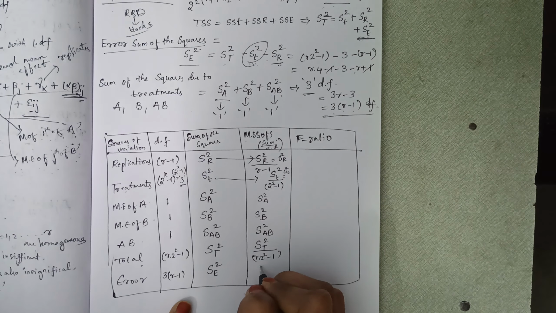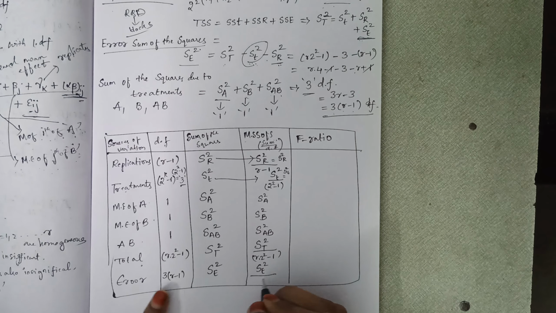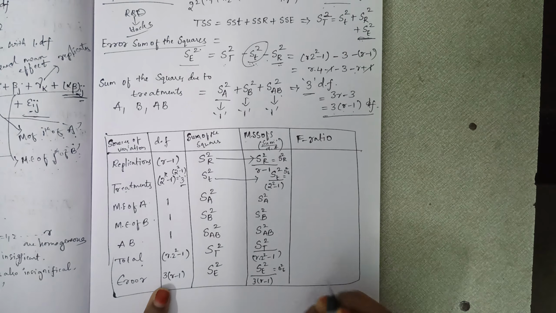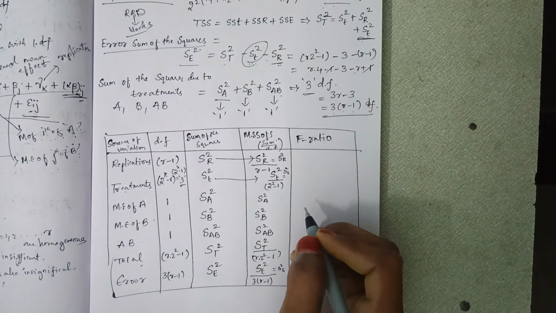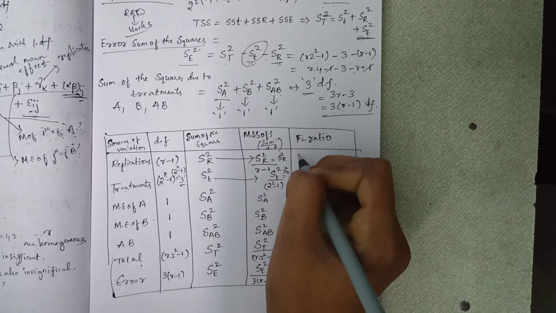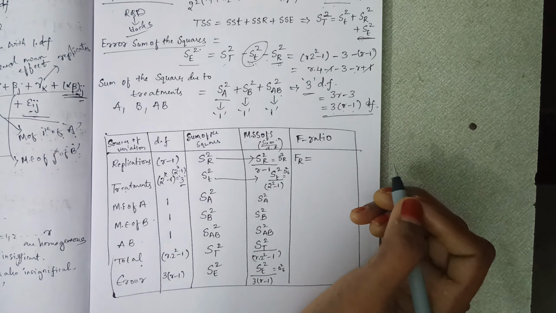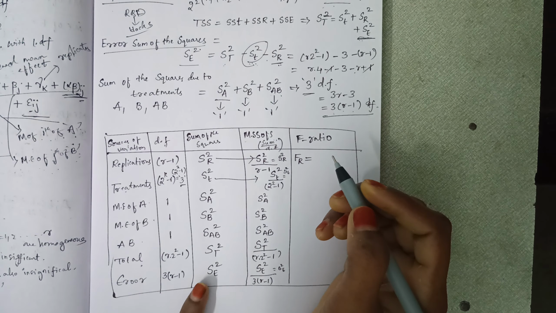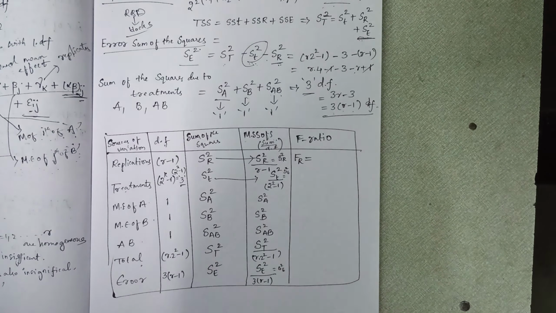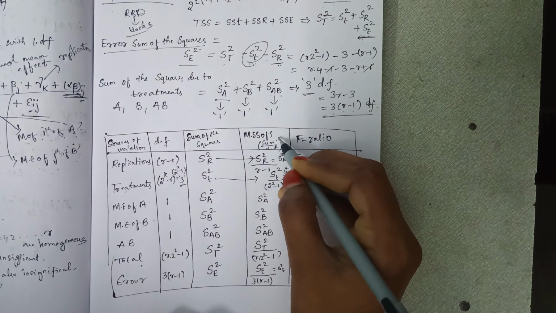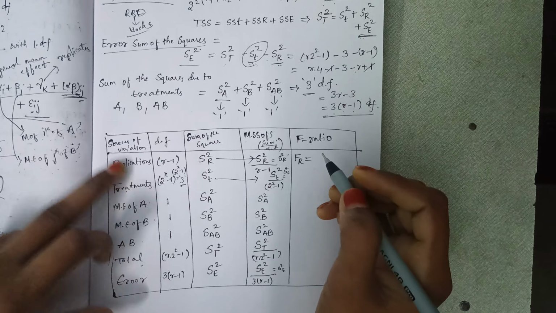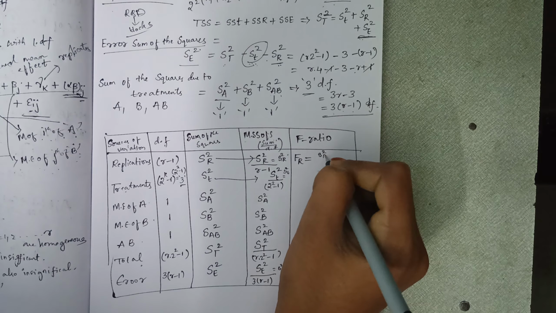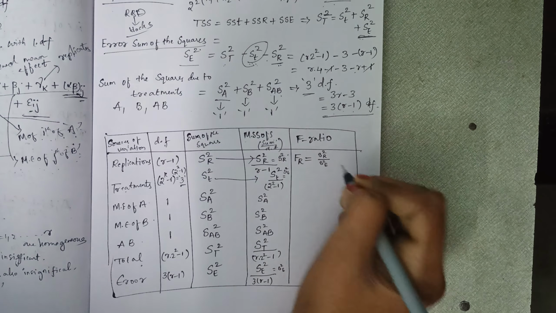And this one is S square E by 3 into r minus 1, that is small s square E. And the F ratio is mean sum of the squares due to replications divided by mean sum of the squares due to error, that is small s square R by small s square E.